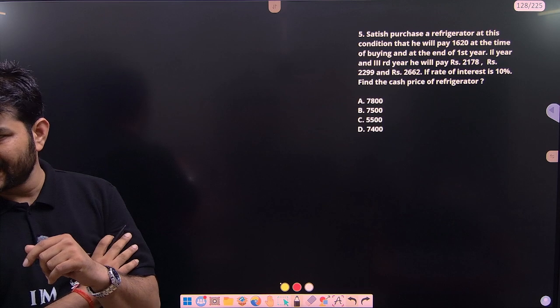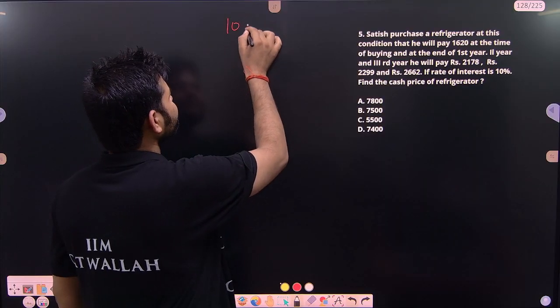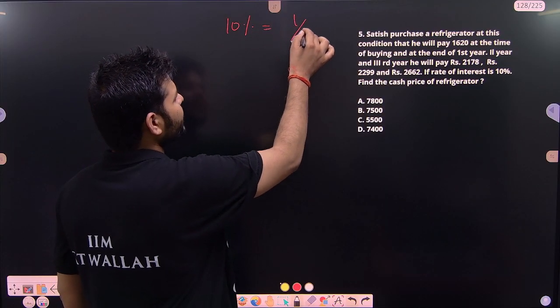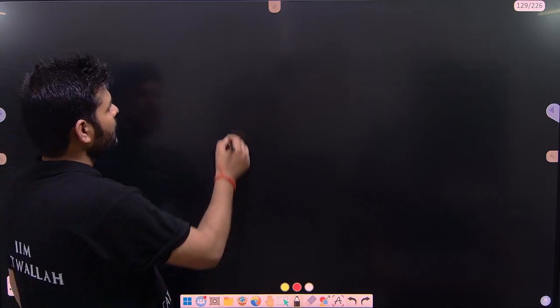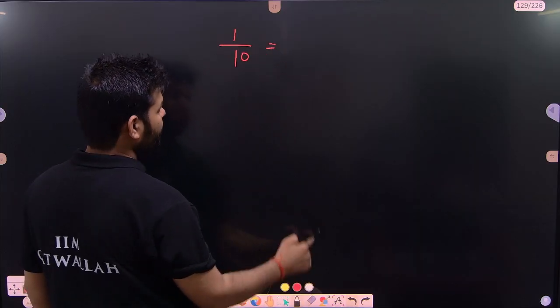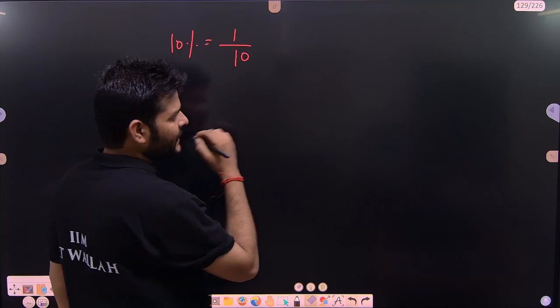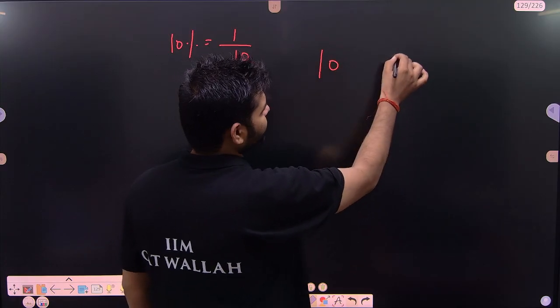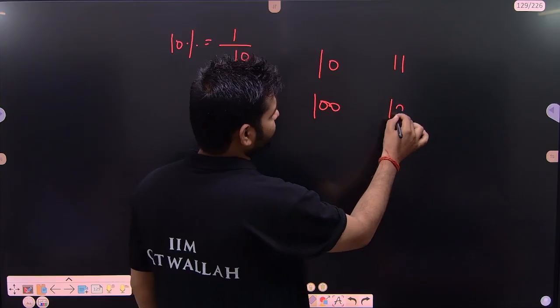We have been given the rate of interest, 10%. So 10% means what, guys? 1 upon 10. So for the first year 10 will become 11. For the second year 100 will become 121.